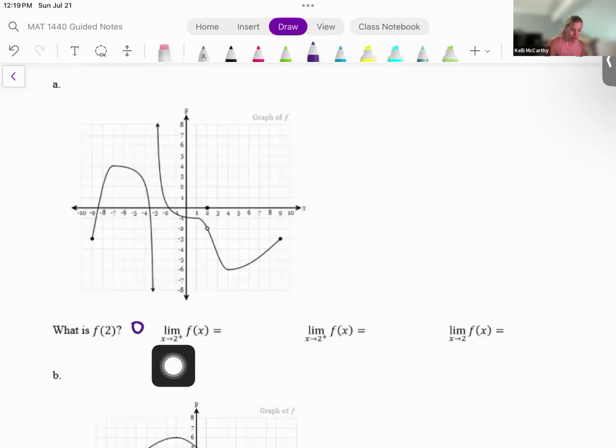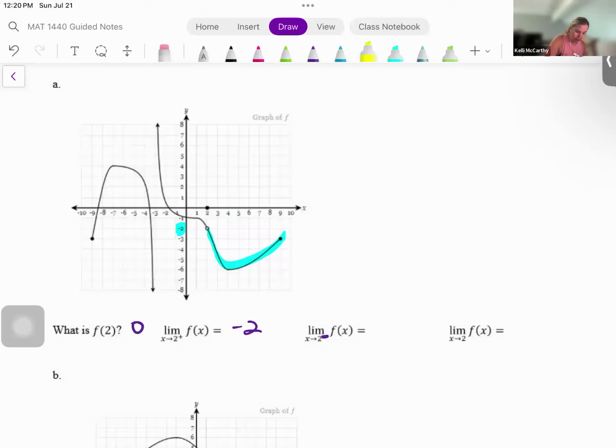The limit as x approaches 2 from the right of f of x, so thinking about coming to 2 from the right, and I'll trace this. If I'm approaching 2 from the right, it's approaching a y value of -2. Our function's approaching -2. The next one should be the limit as x approaches 2 from the left, so that should be a minus, not a plus.